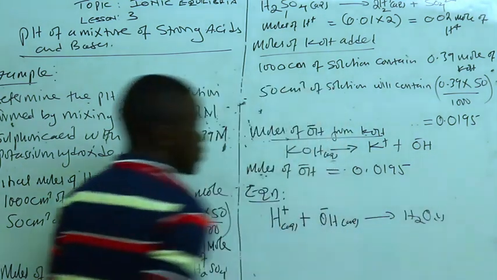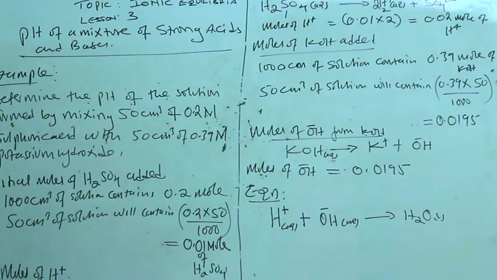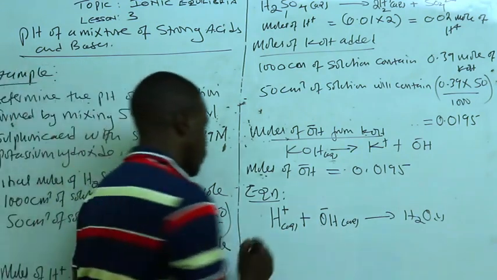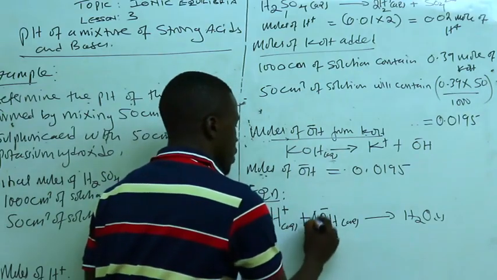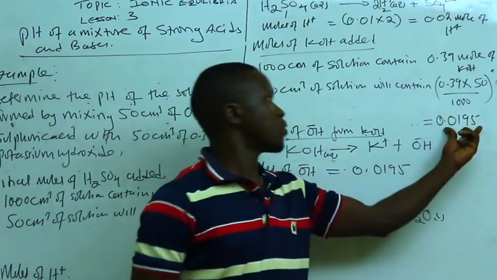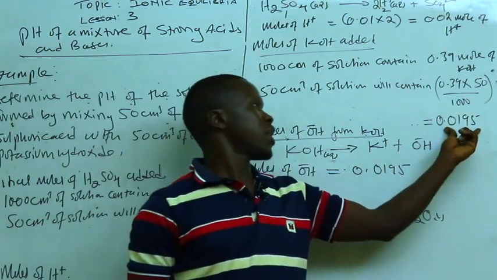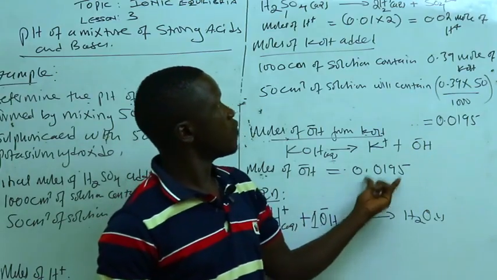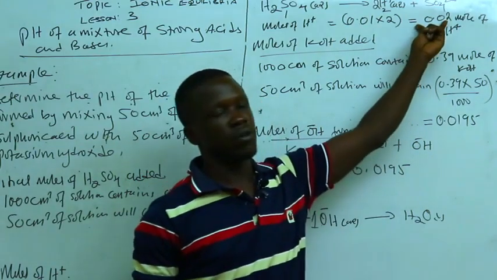When you look at this equation, the mole ratio is 1 to 1. 1 mole of hydrogen ions should react with 1 mole of OH ions. But what we have in the solution, the OH ion amount, is different from the hydrogen ion amount.